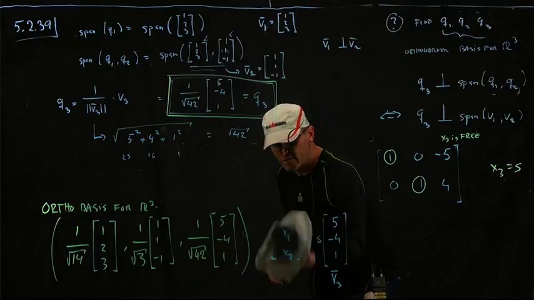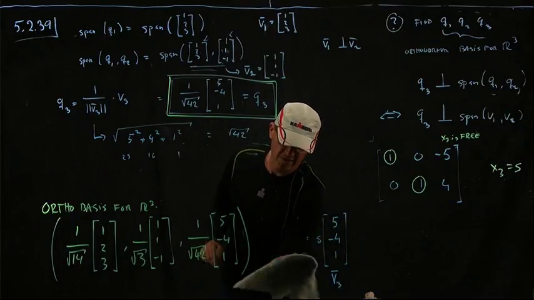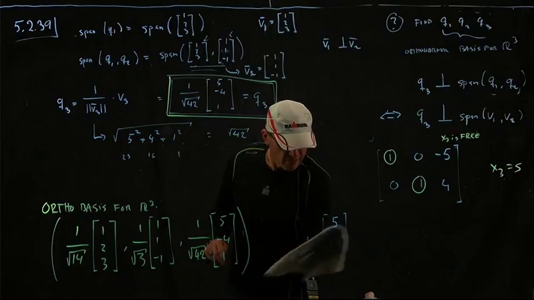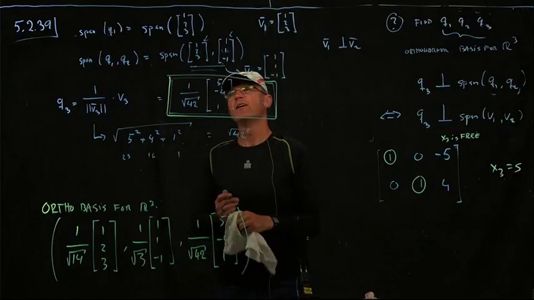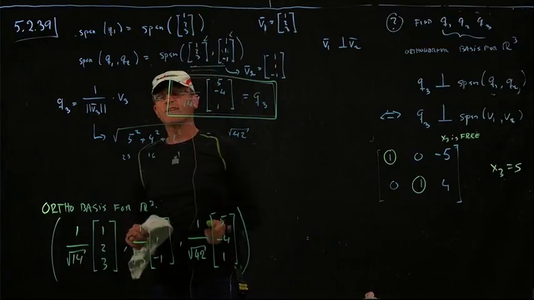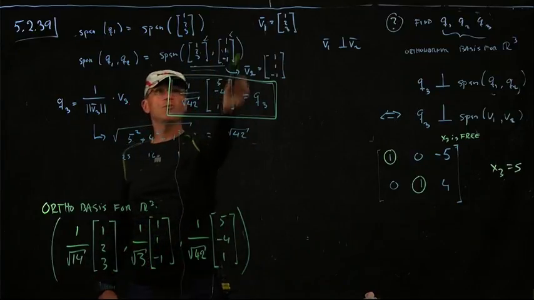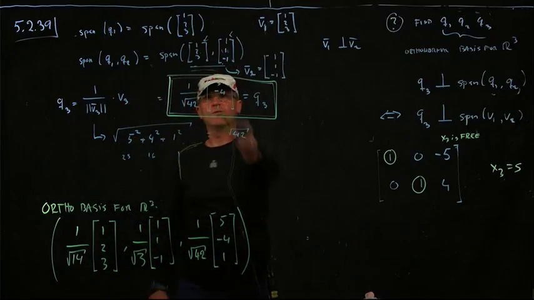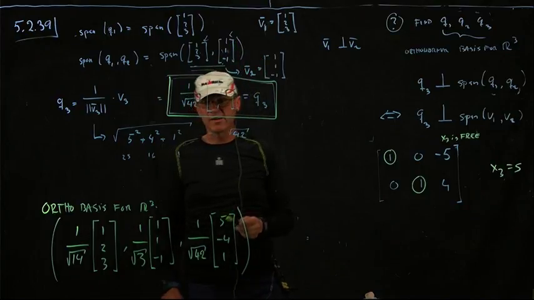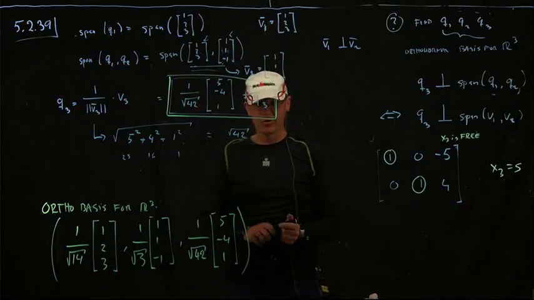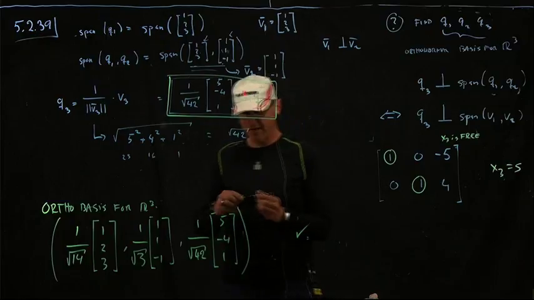And the first two basis vectors satisfy the condition: the first one spans the same space as the (1, 2, 3) vector, and the first two span the same plane as the (1, 2, 3) and (1, 1, negative 1) vectors. Check.